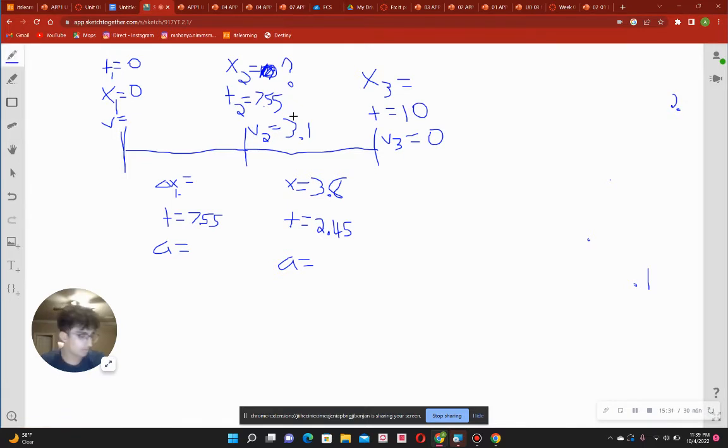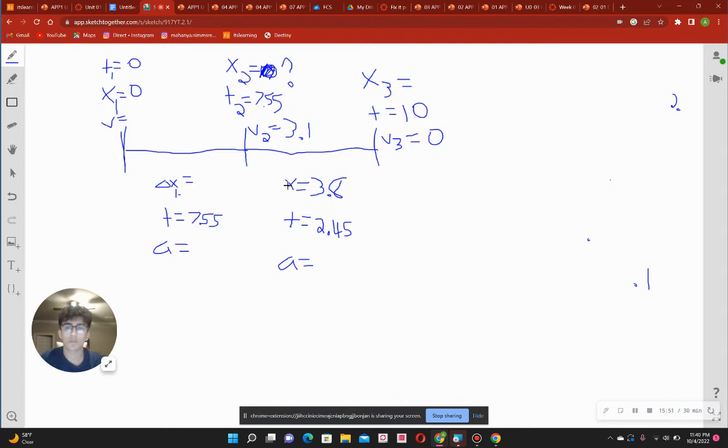Okay, now I guess we're going to need acceleration to find x2. We can do that using the fact that acceleration is the slope of velocity, so change of velocity over time.